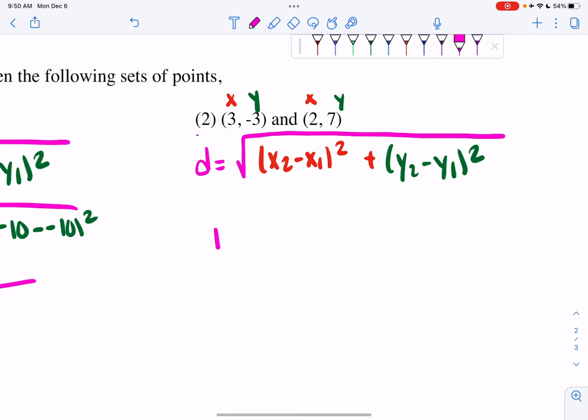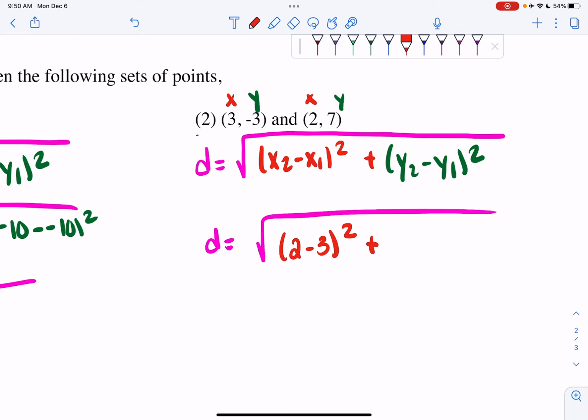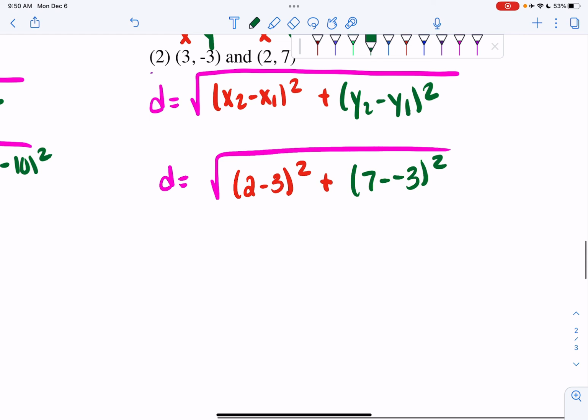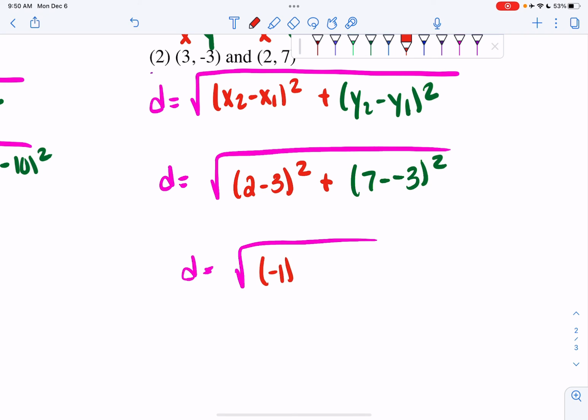So I can say distance is equal to the square root of x2 minus x1, so I can say 2 minus 3 squared plus 7 minus negative 3 squared. Now I'm going to write distance is equal to the square root. 2 minus 3 is negative 1, so I have negative 1 squared plus 7 minus negative 3 squared, which is just 10 squared.